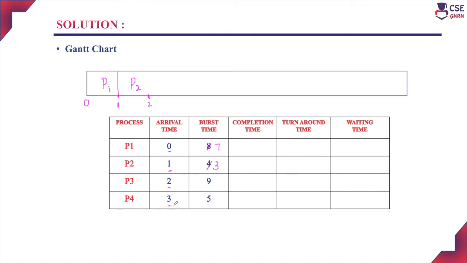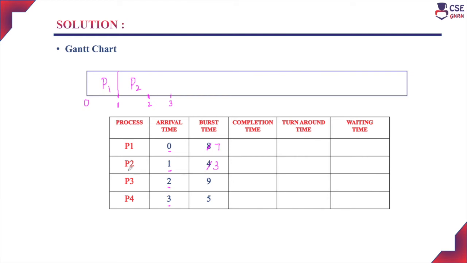At the time of 3 millisecond, process P4 enters into the ready queue. So P2 will continue its execution for another 1 millisecond, that is 3 millisecond. At the time of 3 millisecond, the scheduler will compare the remaining time of process P1, that is 7 millisecond.